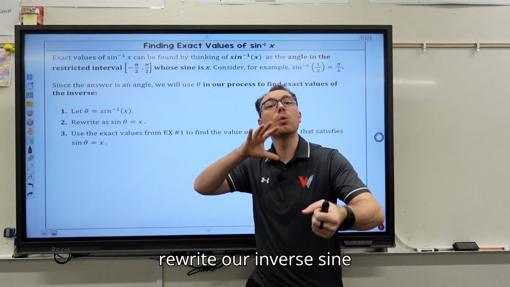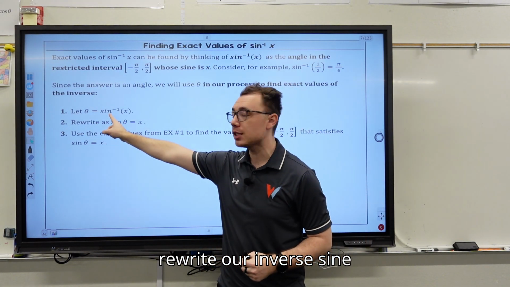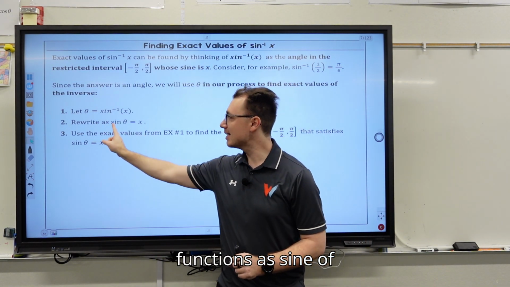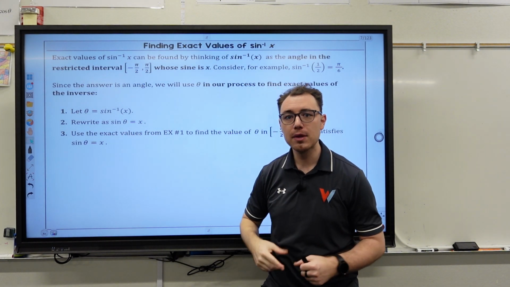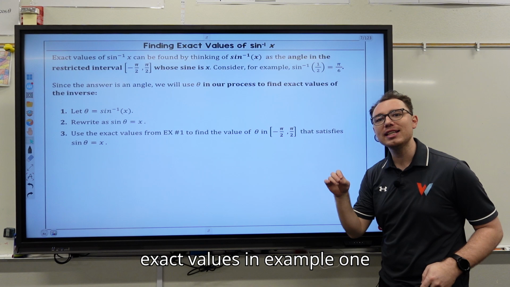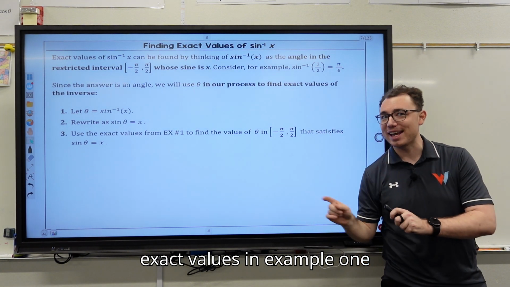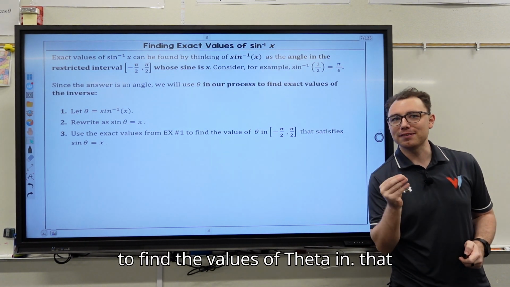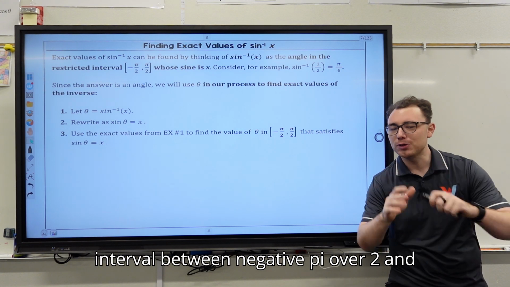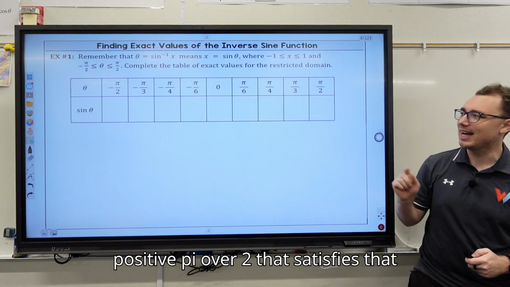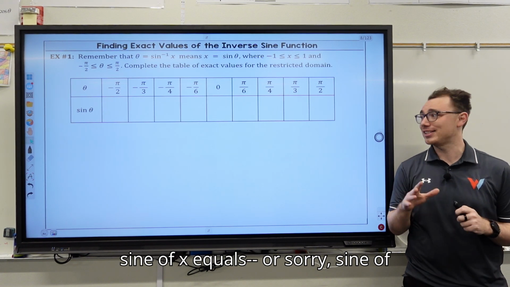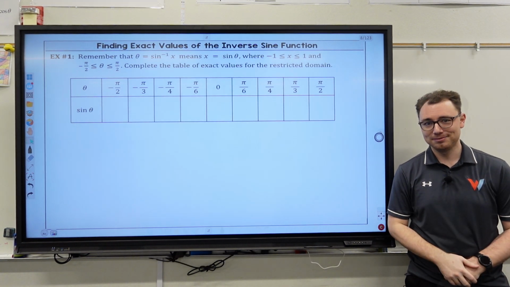We're then able to rewrite our inverse sine function as sine of theta is equal to x. The third and final step is to use the exact values in example 1 to find the values of theta in the interval between negative pi over 2 and positive pi over 2 that satisfy sine of theta equals x.